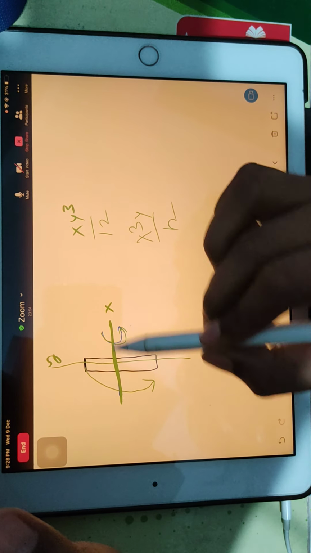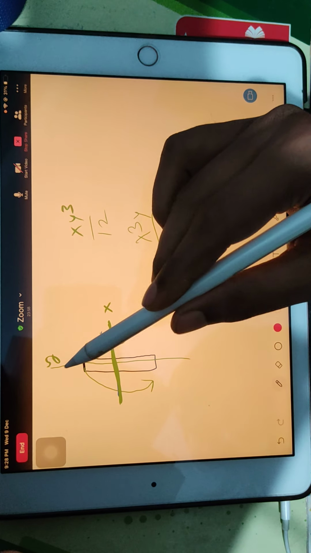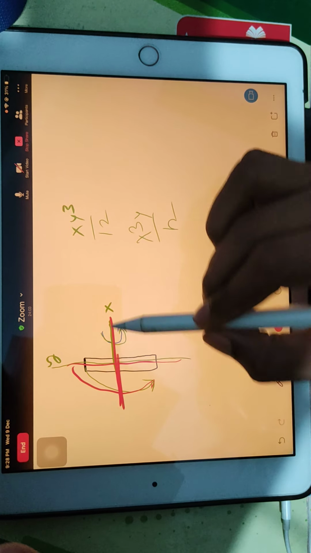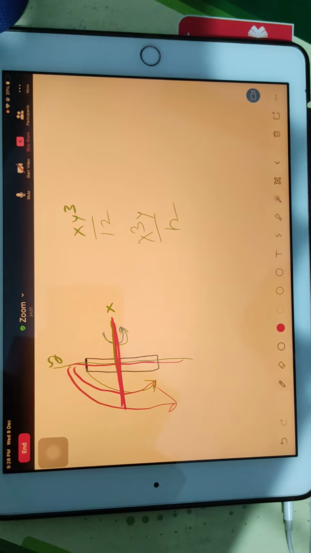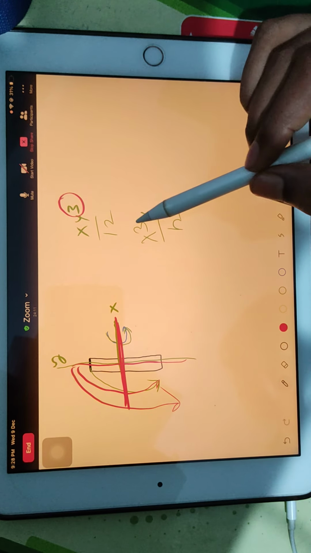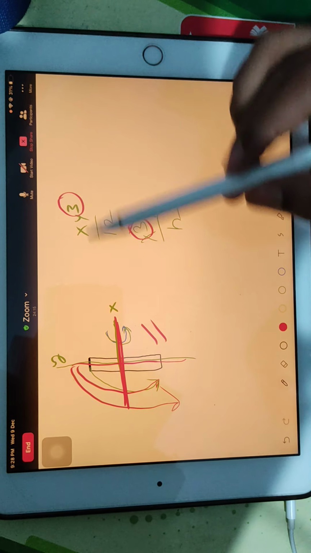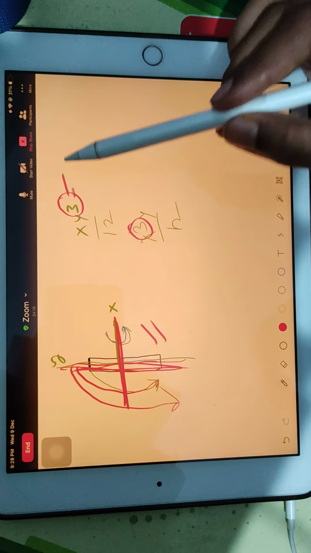You are rotating the beam about x axis, but the y axis is rotating. X axis is not rotating, it is there only. Y axis is rotating. So whichever axis is rotating, that axis you keep as cube. In this diagram, your y axis itself is rotating, so you keep that as cube.